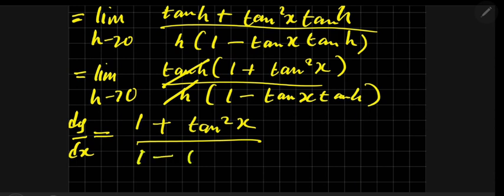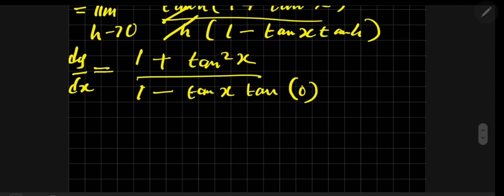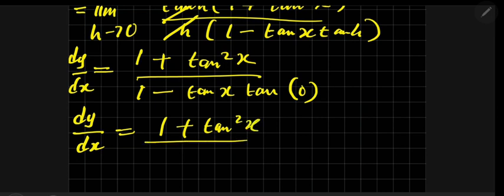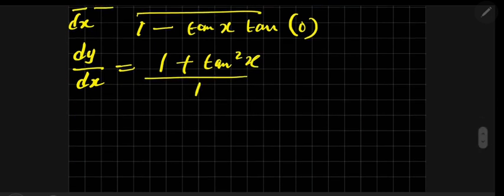Divided by 1 minus tan x multiplied by tan 0, and you know tan 0 is just equal to 0. Therefore 0 multiplied by negative tan x is also 0, and our dy dx will be equal to 1 plus tan squared x divided by 1, which is just equal to 1 plus tan squared x. So from here we just have this expression.